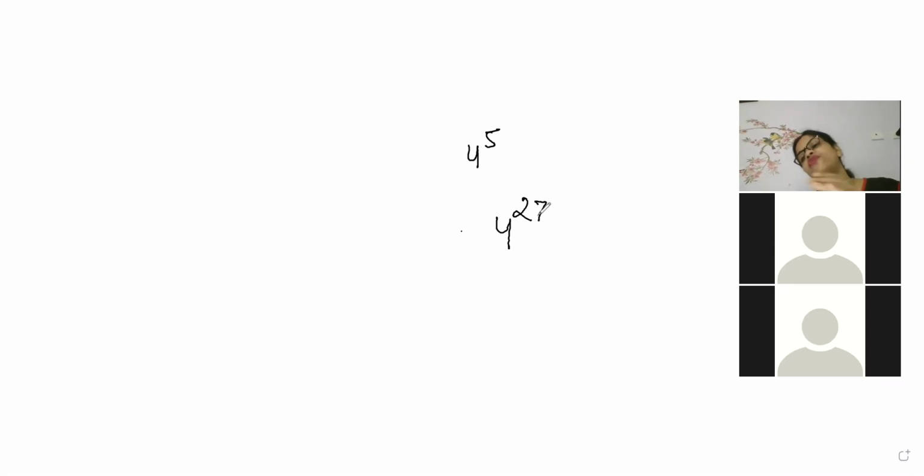4 to the power 5 or 4 to the power 27. How many times will 4 have 0 in its unit place when it is multiplied, means 4 to the power 5? I'm repeating, beta. 4 into 4 into 4 into 4.